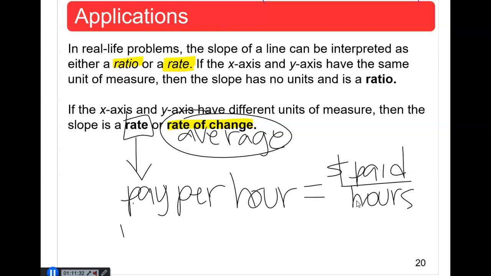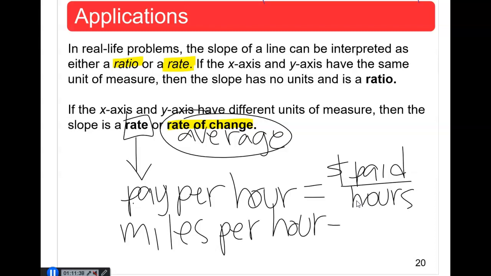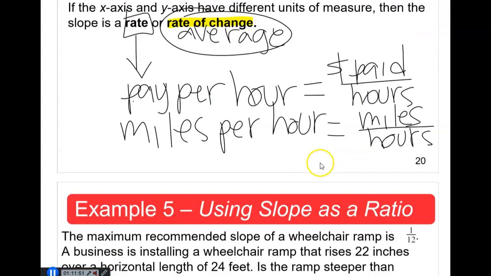Or we could also think about miles per hour, and that's a very common rate. And here the unit is miles, so I should be saying distance: the number of miles it takes you to cover in a certain amount of hours.